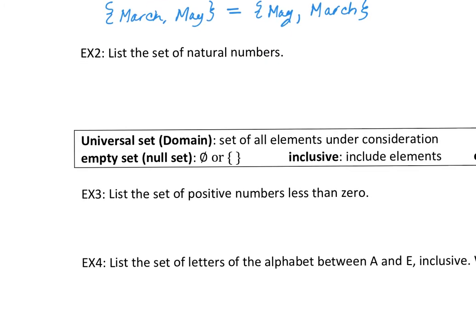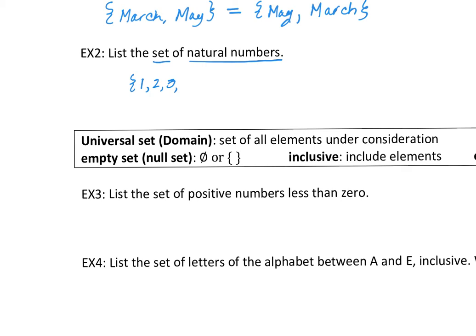In example 2, it says list the set, so we know it's a set, of natural numbers. So we talk about the natural numbers, those are counting numbers. It's natural when we count to start with 1. So we have a set that goes 1, and then 2, 3, and so on. Notice that it's impossible for me to list all the elements of the set.